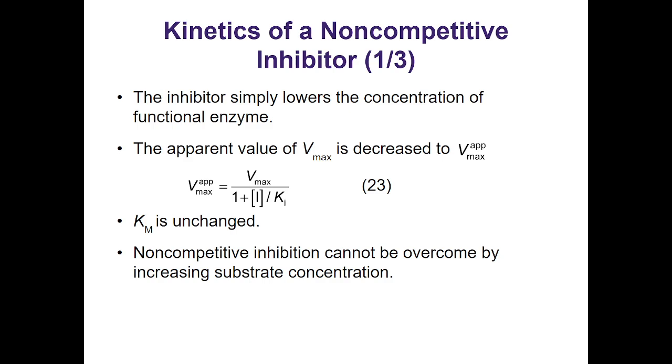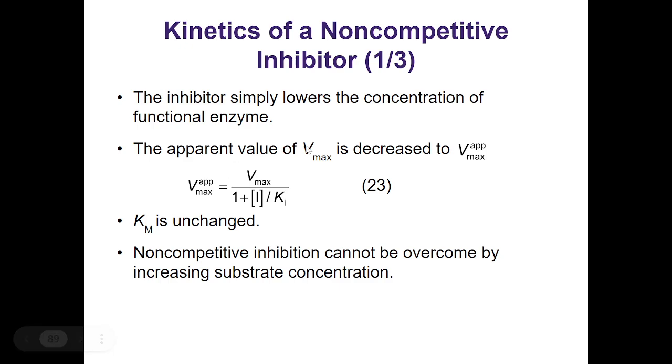And so you just stop its ability to do its normal function of going to product. So again, that's going to functionally lower your concentration of functional enzyme. The apparent value of Vmax is going to be decreased to this apparent value of Vmax, which incorporates this binding of the inhibitor.